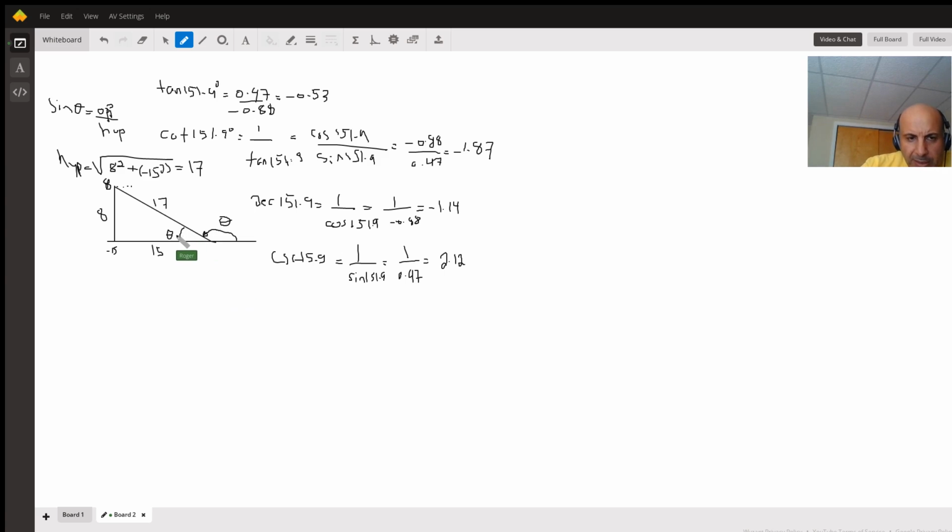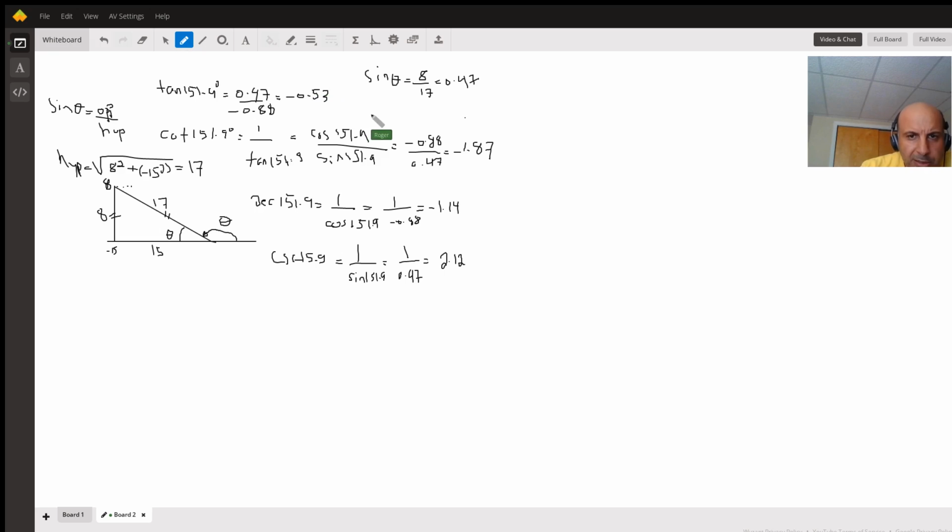So sine of this angle theta is 8 over 17, right? So what's 8 over 17? 8 over 17 is 0.47. How much did we get for sine theta? 0.47. Do you see how? Okay. I'll take one more.